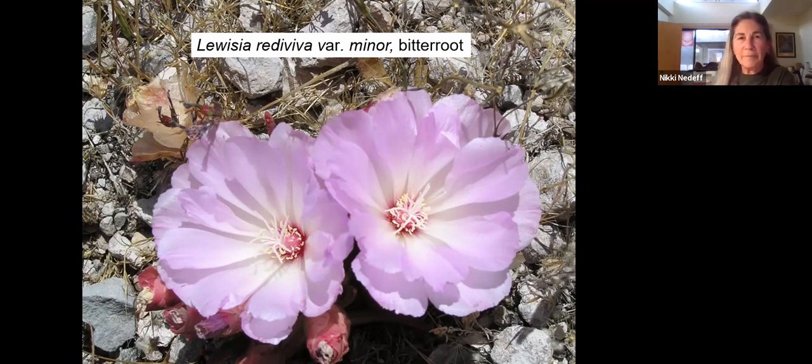This is a really cool plant. When this plant, Lewisia rediviva, not the variety minor, but the regular one, was collected for the first time, it was collected during the Lewis and Clark expedition. And it was named after Lewis. They collected all these plants, months and months, maybe years of plant collecting, and then eventually it made its way back to the Midwest.